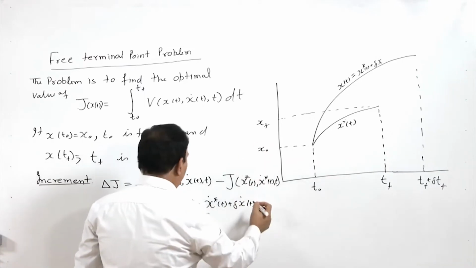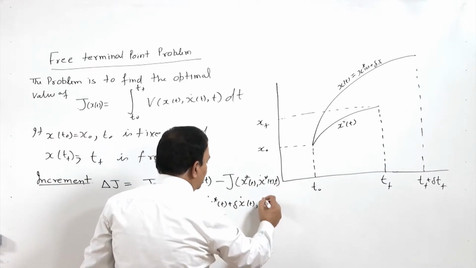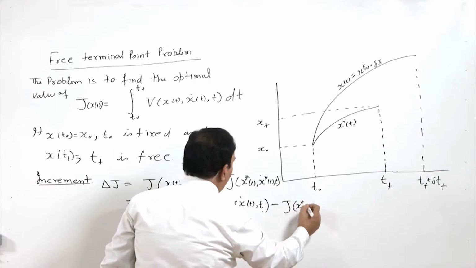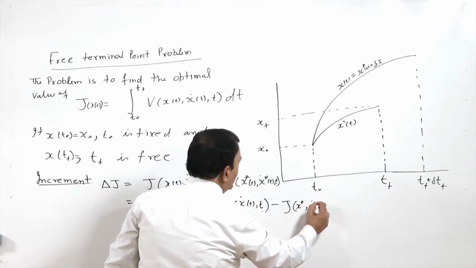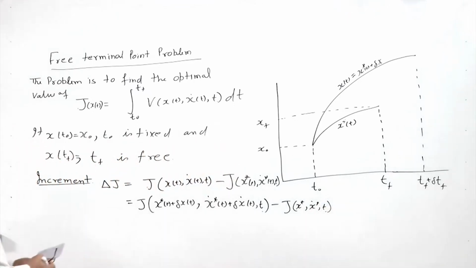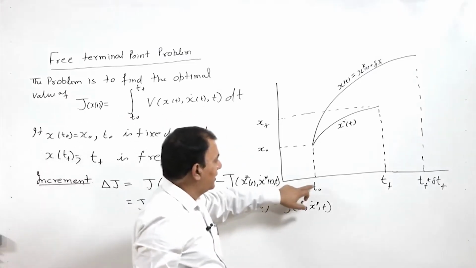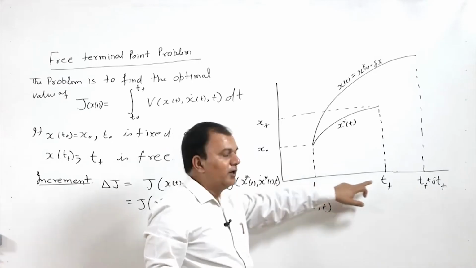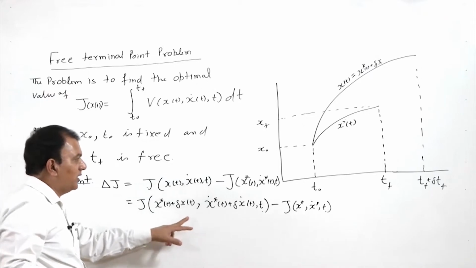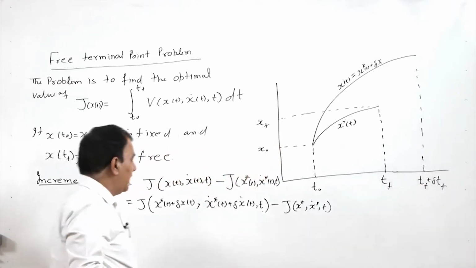For J star, t varies from t0 to tf, but once I write J for x star plus delta x, my time varies from t0 to tf plus delta tf.